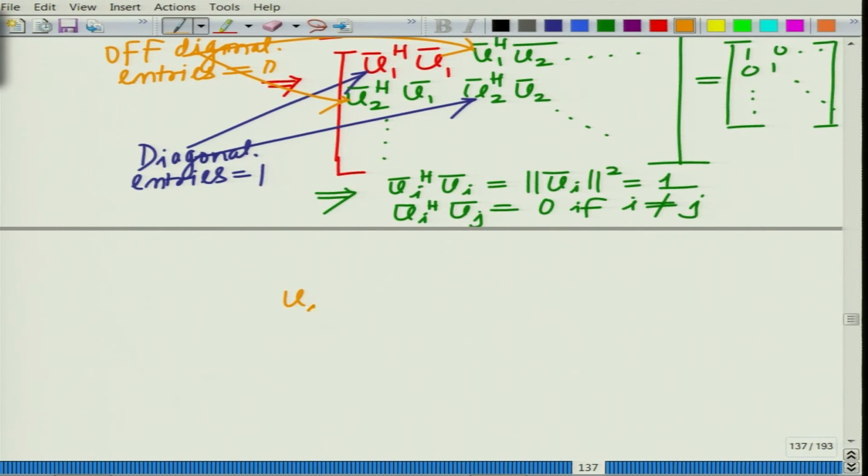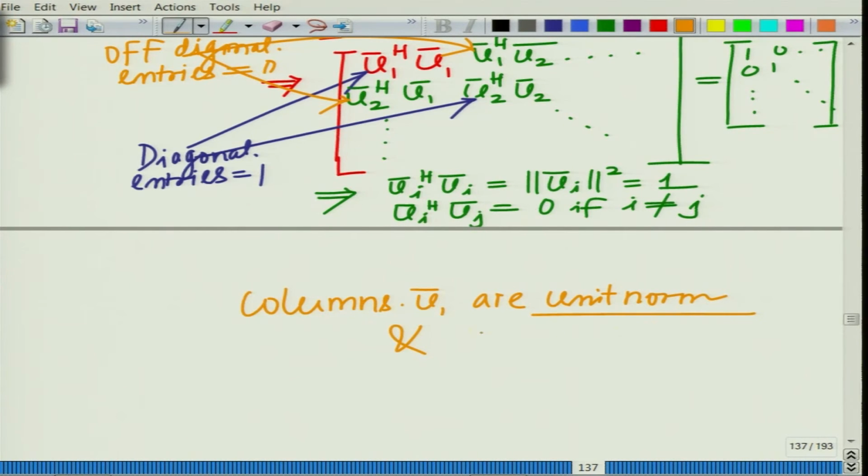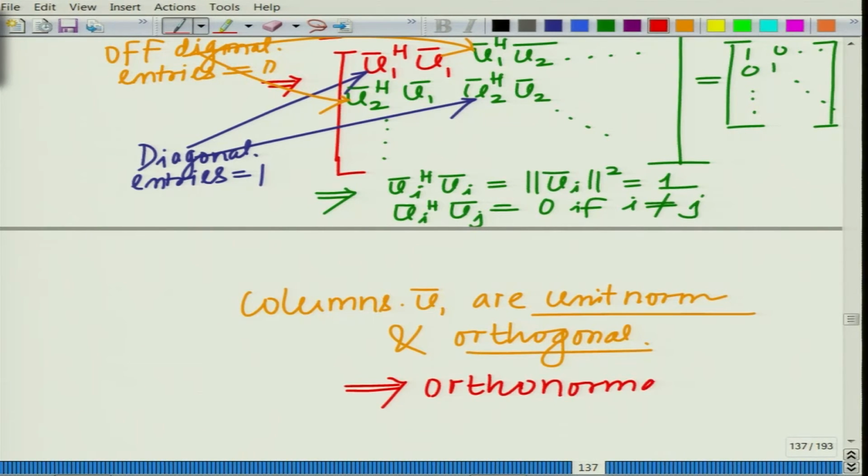So, the columns u_i bar are unit norm and orthogonal, and this is what is termed as orthonormal columns.